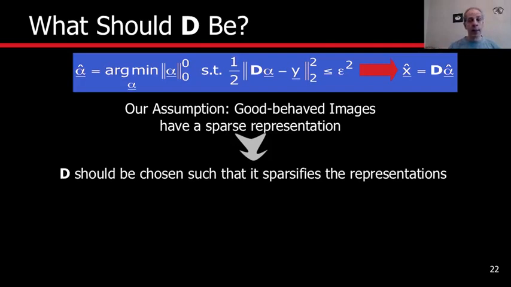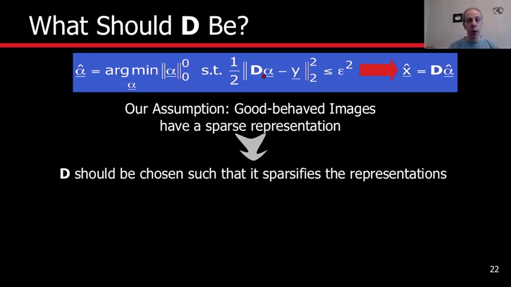The goal is, if we believe in sparsity, we should design a dictionary that encourages sparsity. The more sparse the vector alpha, the better we are going to be, because we are trying to create sparse models. So we are going to have to learn, or select, the dictionary that helps us to sparsify the signal.